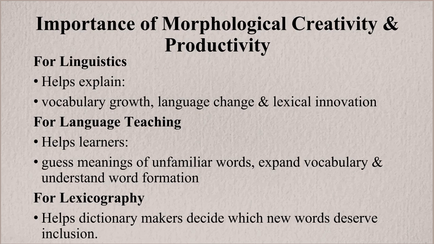That's why both are considered important. For language teaching, it is helpful for learners to guess the meanings of unfamiliar words, to expand vocabulary, and to understand word formation. And for lexicography, it helps dictionary makers decide which new words deserve inclusion.